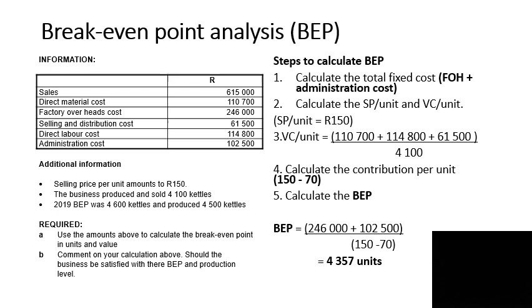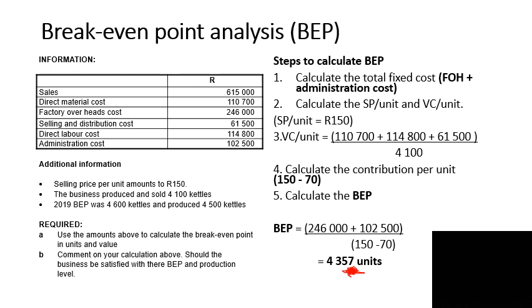This will give us a fraction, but like I have said, with units we cannot calculate a point something of a unit. So to break even, we just produce that unit in full.